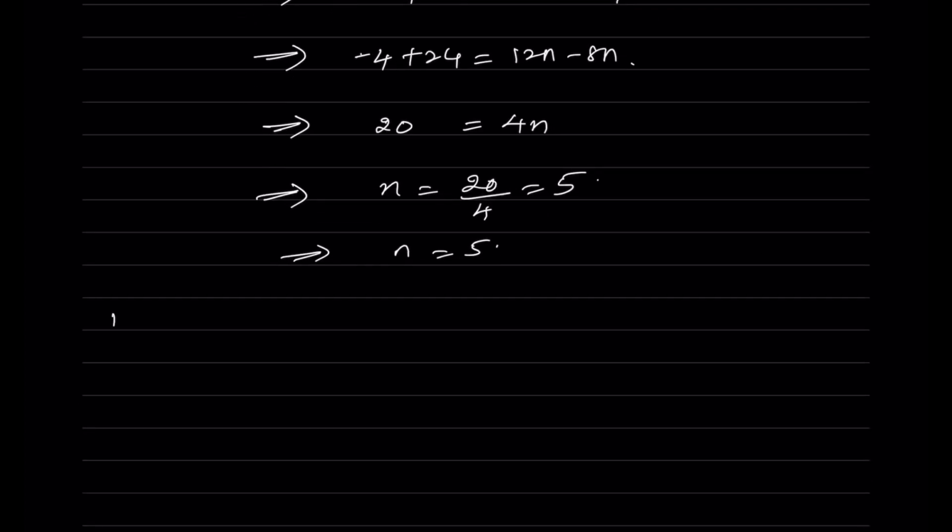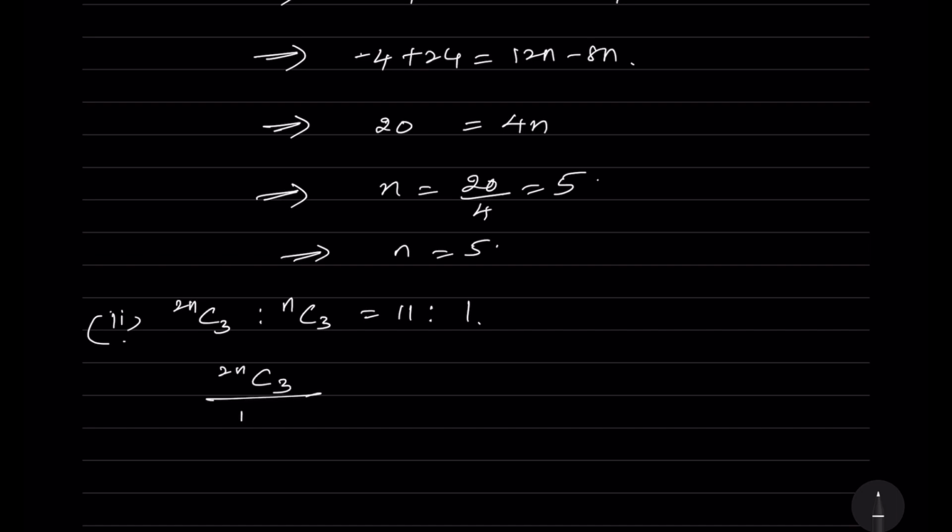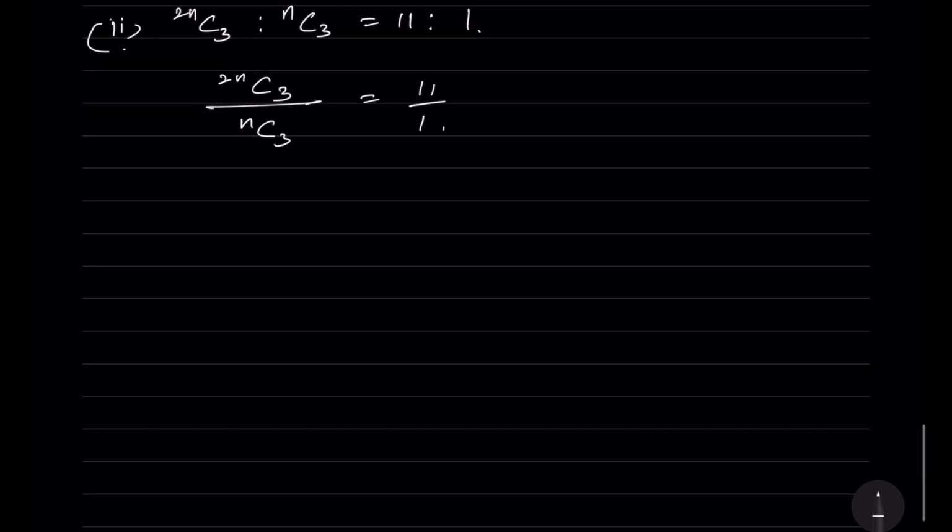Now what is the second question? We'll see. 2nC3 is to nC3 is equal to 11 is to 1. Again we'll write down, using the formula, 2nC3 by nC3 is equal to 11 by 1. Now we'll expand this.